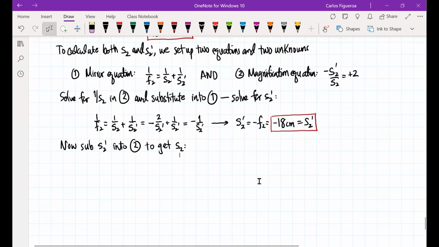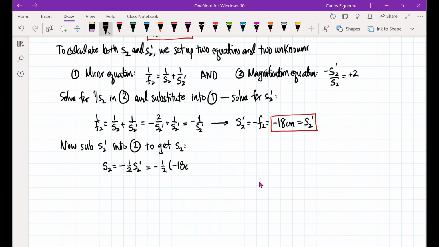So if I do that, note that I could immediately write that this is going to be S2, it's going to be minus 1/2 S2 prime. So this will be minus 1/2, and of course this is minus 18 centimeters. So I get positive 9 centimeters for my object location.